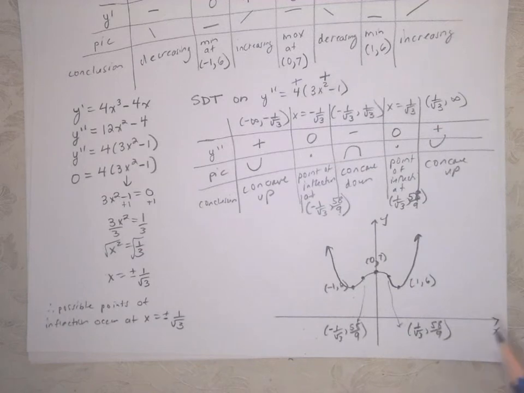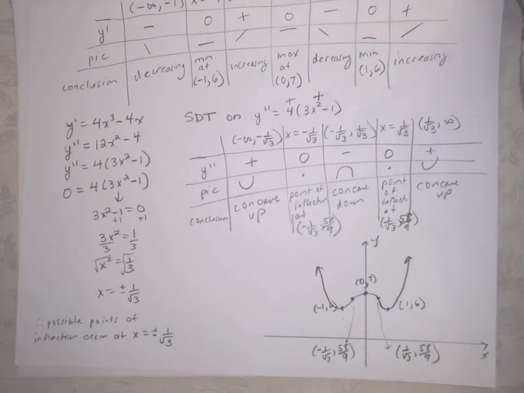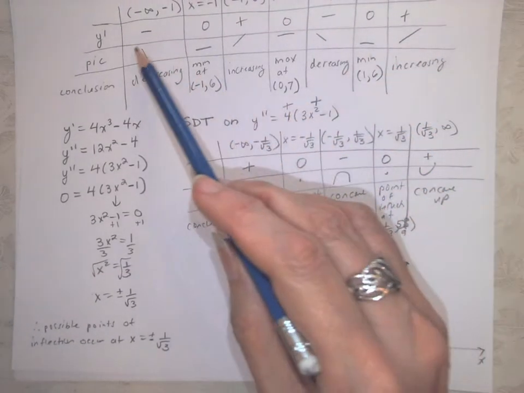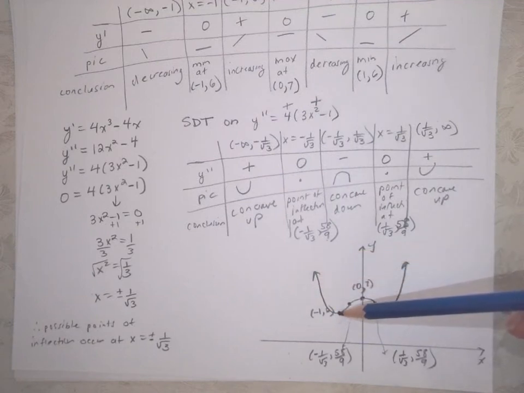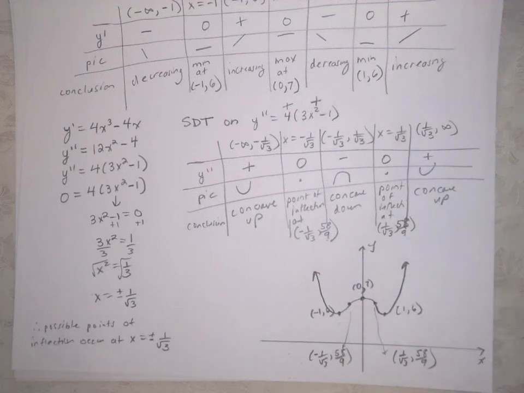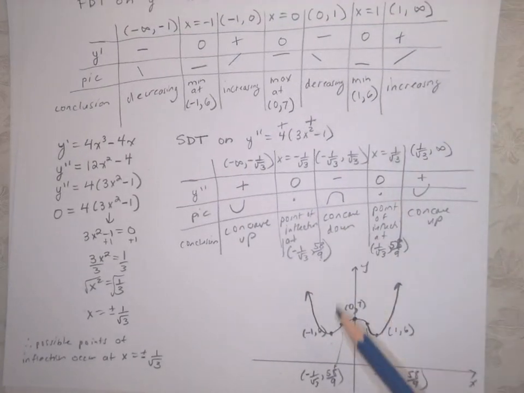And then we want to follow our first derivative test. So are we decreasing from -infinity to -1? Yes. Minimum at -1, 6, yes. Increasing from -1 to 0, yes. Maximum at 0, 7, yes. Decreasing from 0 to 1, yes.